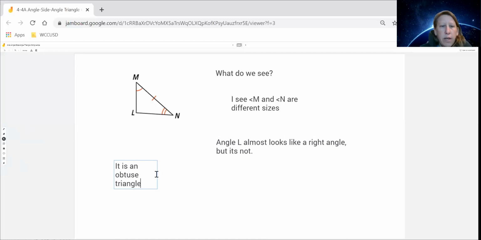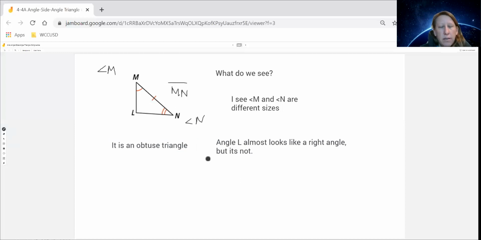What markings do we have? What markings do we have in this picture? Yeah, we have angle M is marked. Angle N is marked. What else is marked? This line segment, this side MN is marked.